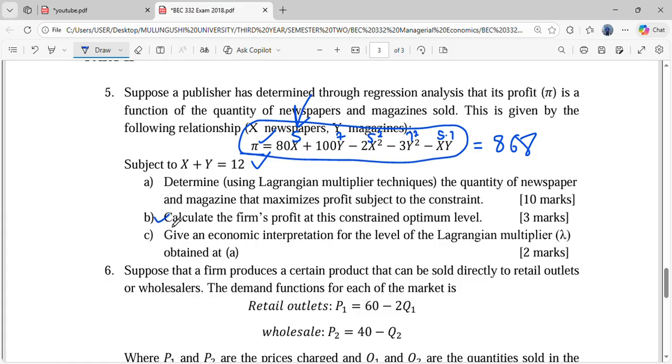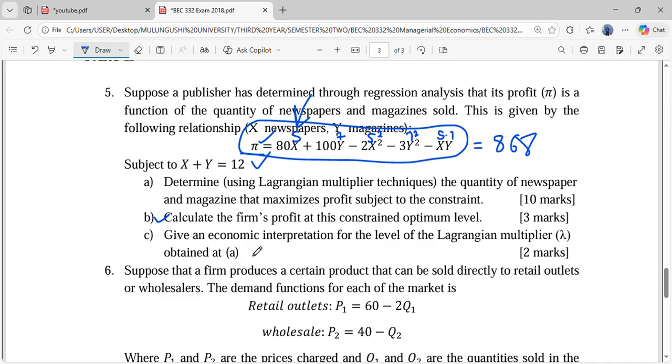For C, we are told to give an economic interpretation for the level of the Lagrangian multiplier obtained at A above. Remember, the Lagrangian multiplier that we got is basically what? Negative 53. But one thing that you need to know about the Lagrangian multiplier is that it is basically the shadow price of the constrained equation.